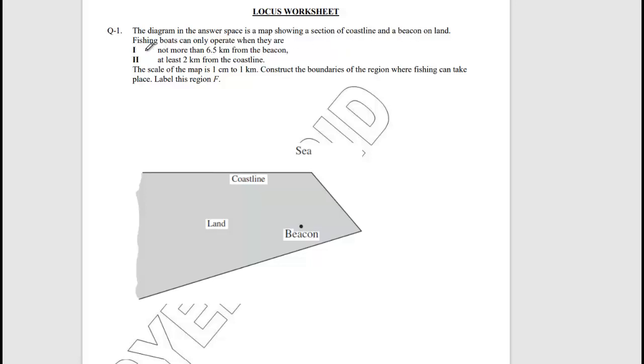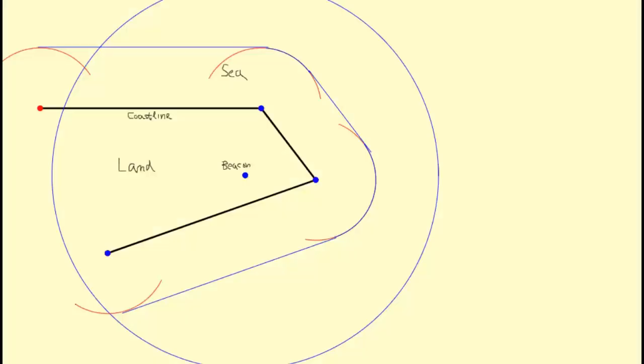Now let's repeat this question. Fishing boats can only operate when they are not more than 6.5 kilometers from the beacon. So what does this "not more than" mean? It means that the locus which is 6.5 kilometers from this beacon is this circle.